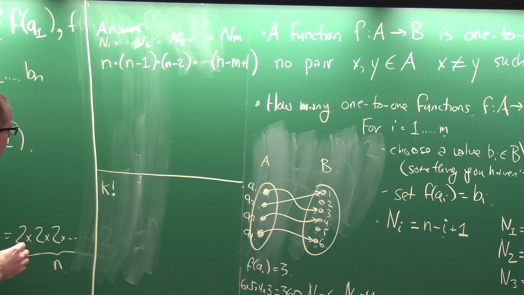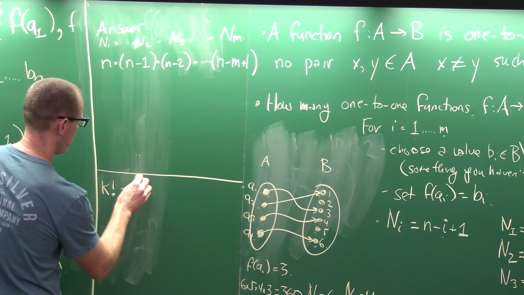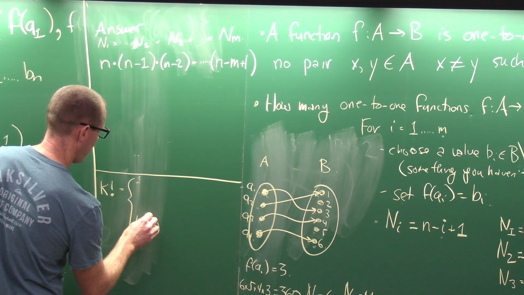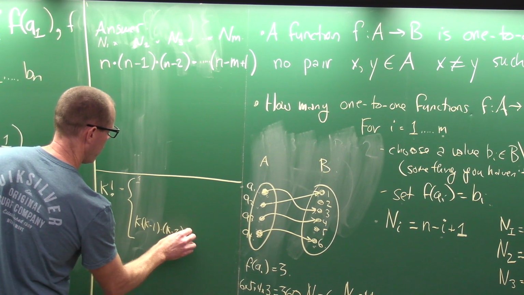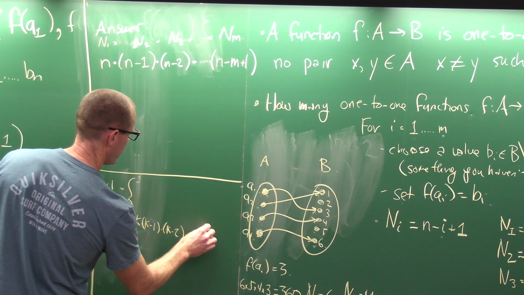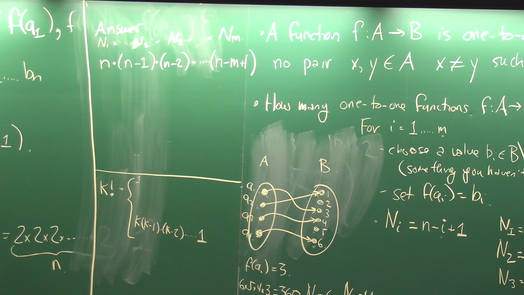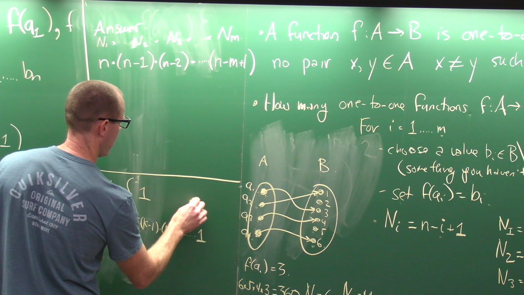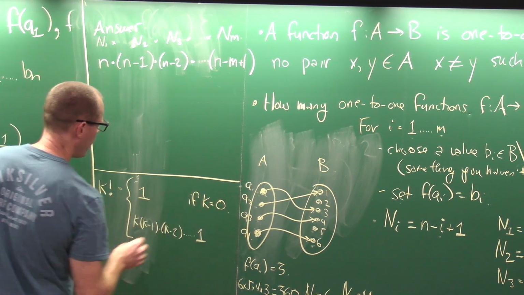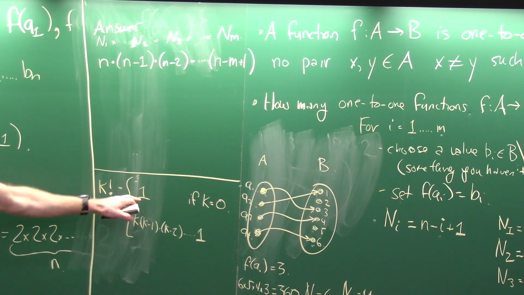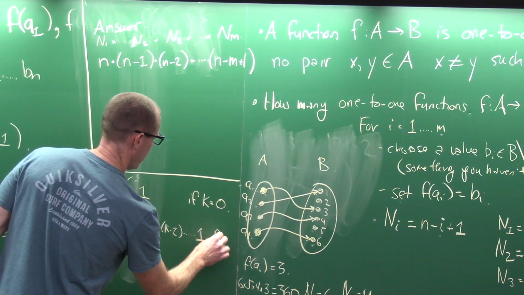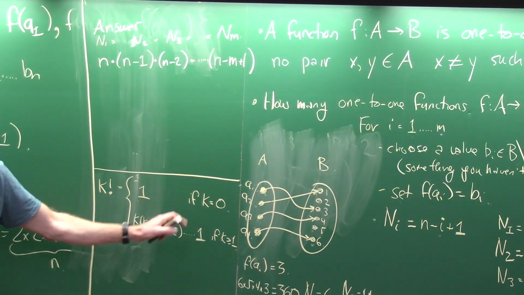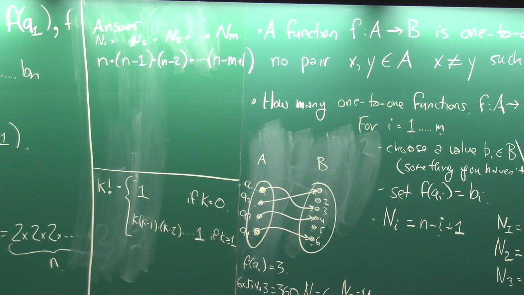For an integer k, k factorial is equal to k times k minus 1 times k minus 2, and so on, all the way down to 1. The only exception to this rule is if k equals 0, then we'll define k factorial to be 1. But otherwise, if k is bigger than or equal to 1, you follow this formula here. K times k minus 1 times k minus 2, and so on.